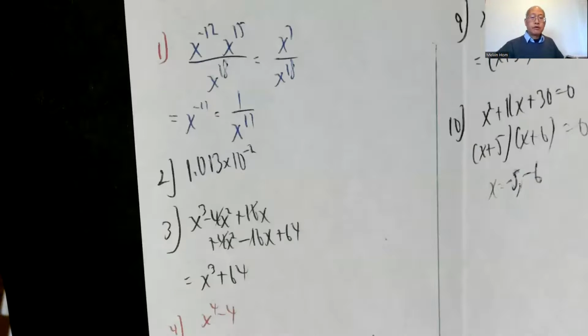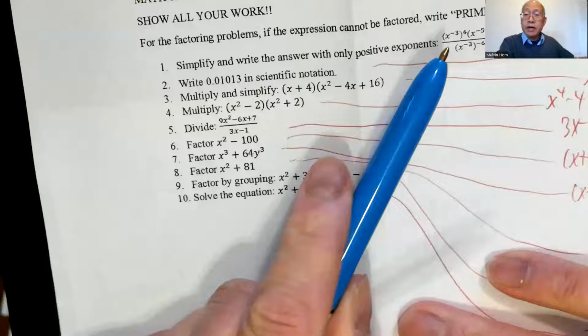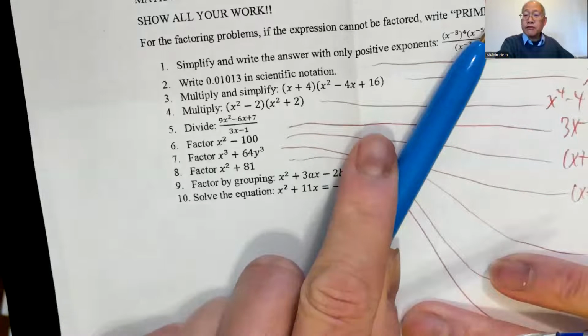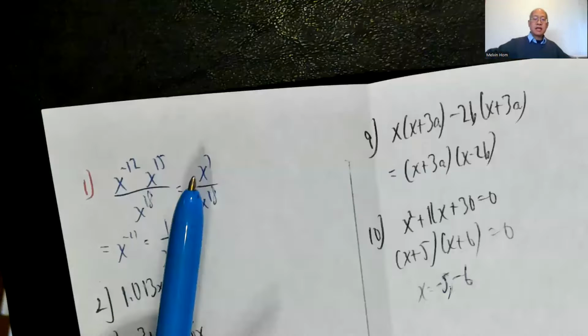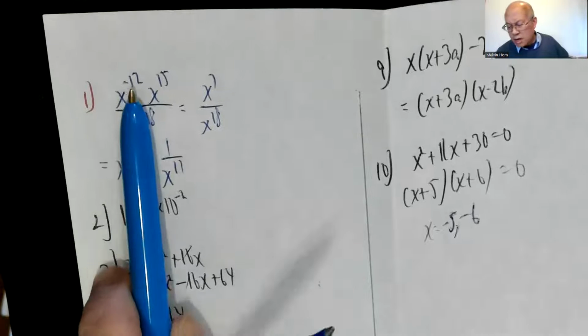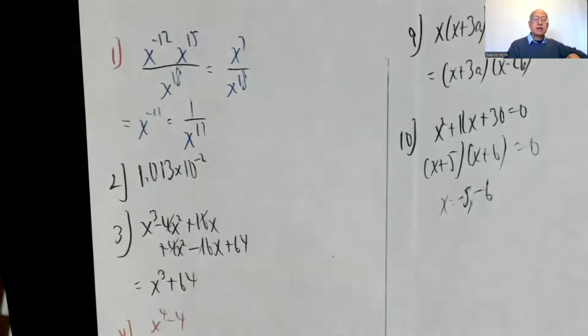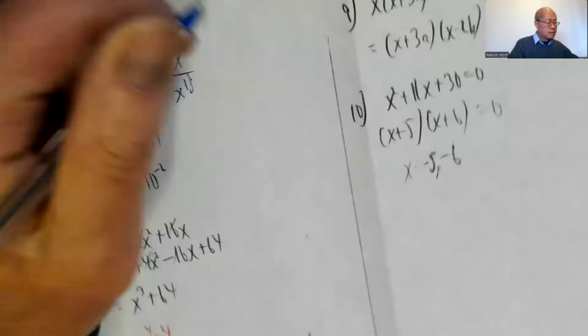So number 1. First, when you have a power of a power, you just multiply the powers. So that's going to be x to the negative 12, x to the 15th, x to the 18th. And then you add these, but I have x to the 7th there, so I made a mistake.